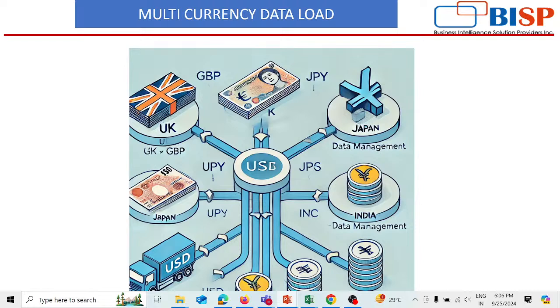So let me explain the multi-currency concept in layman's language. Imagine that you are a travel agency handling bookings in USD, but your clients are from different countries like UK, Japan, India, and they're using different currencies.